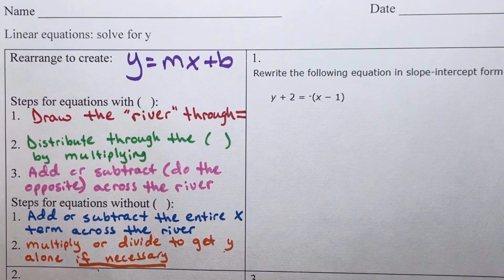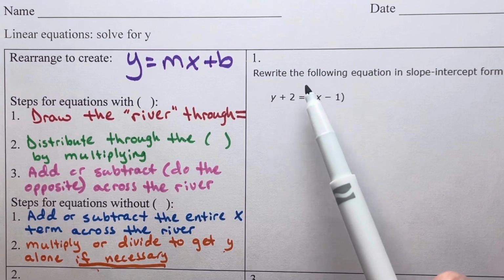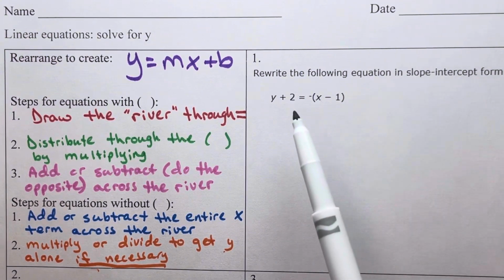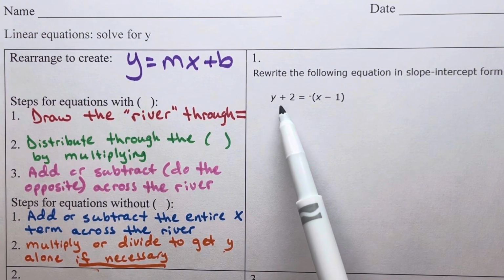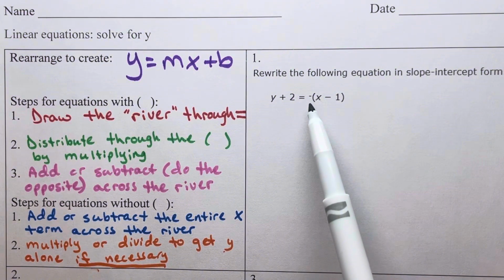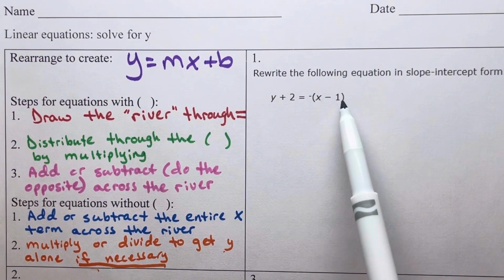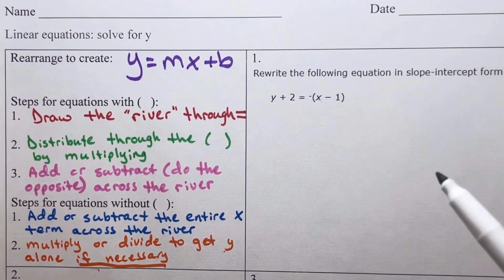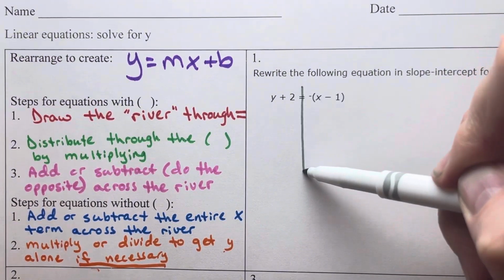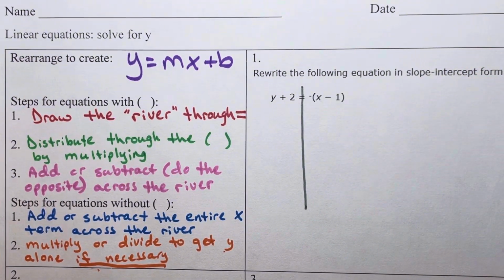Let's practice. Example 1. Rewrite the following equation in slope-intercept form where negative the quantity y plus 2 is equal to x minus 1. First things first, draw the river through the equal sign.